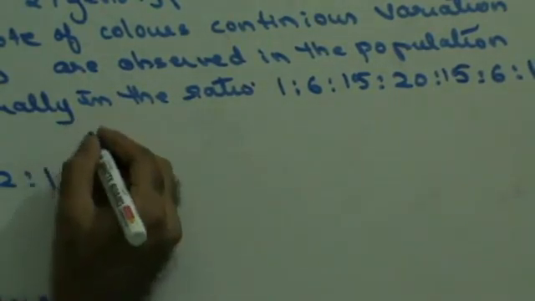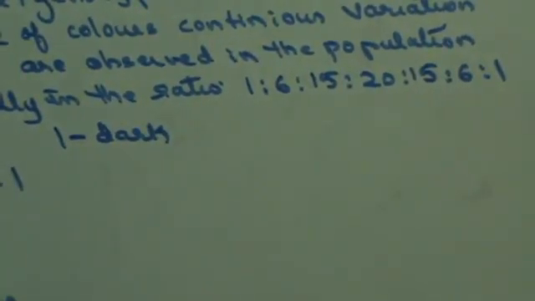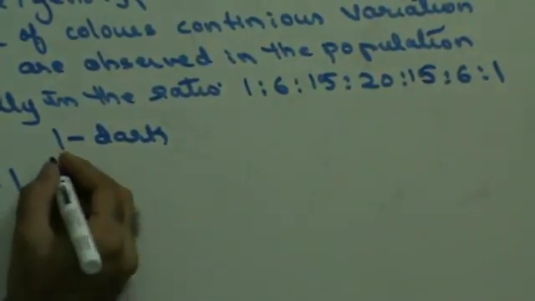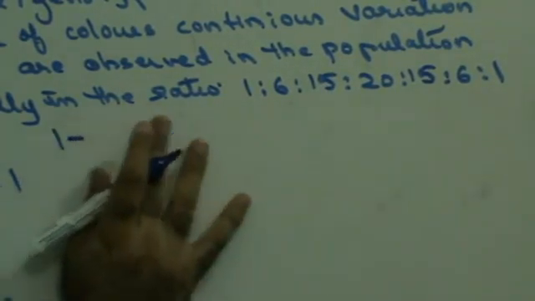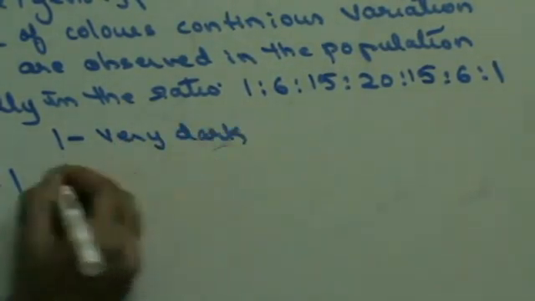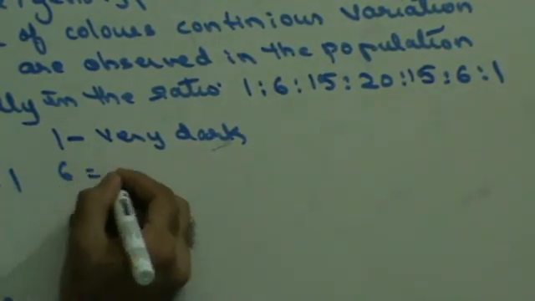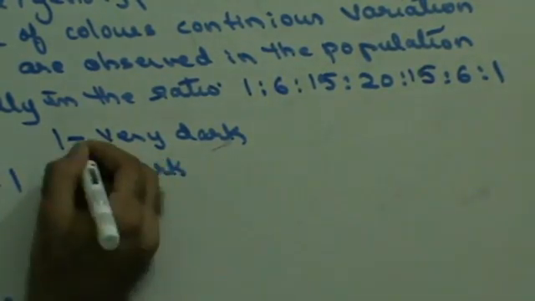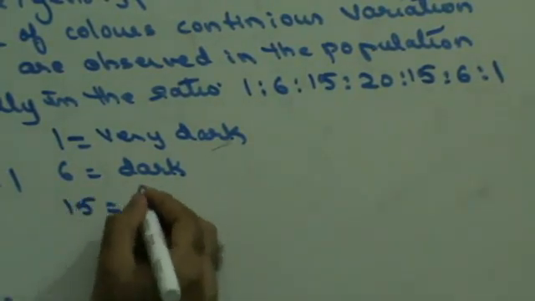Where the first one is very dark, right? 6 is just dark. Then you have 15, which is fairly dark.